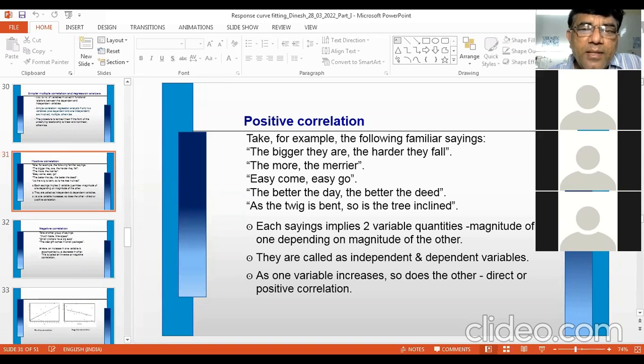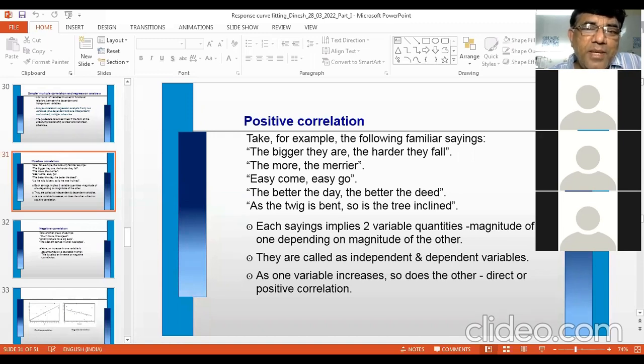The better the day, the better the deed. As the twig is bent, so is the tree inclined. So these are some sayings in which one part is related to the other part. Each saying implies two variable quantities. The magnitude of one depends on the magnitude of the other. They are called independent and dependent variables.